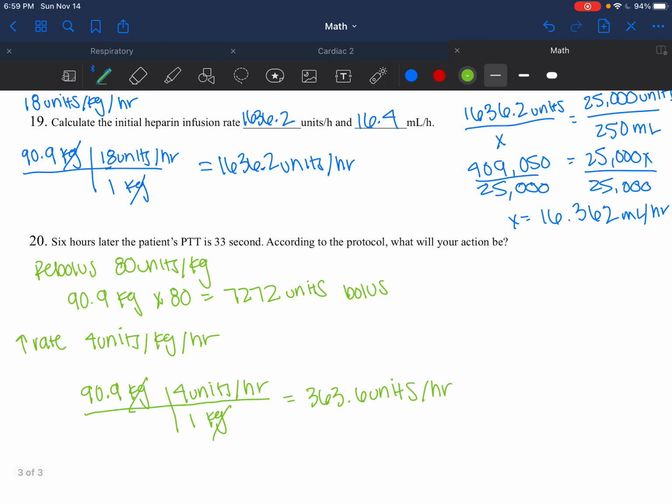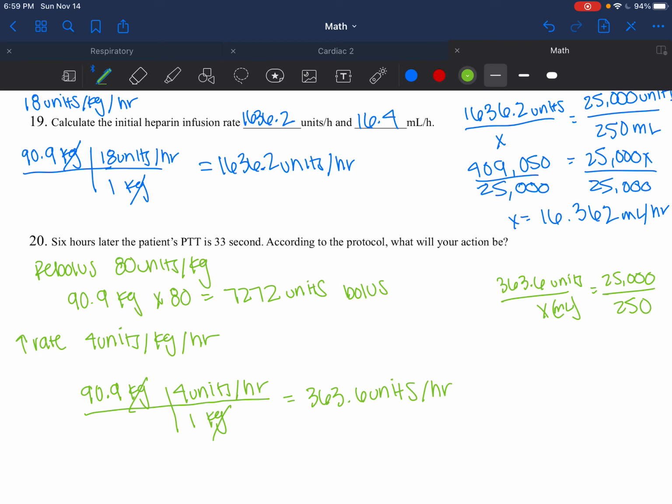So we're going to take our 363.6 units over what we want, which is mils. And we have 25,000 units over 250 mils.